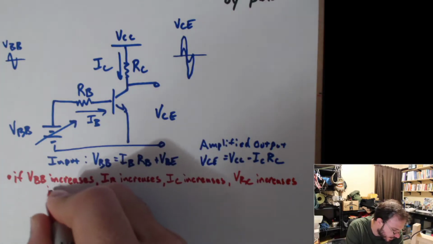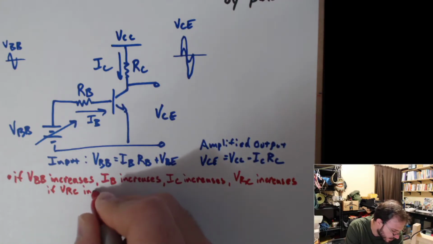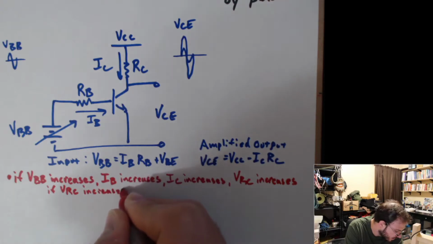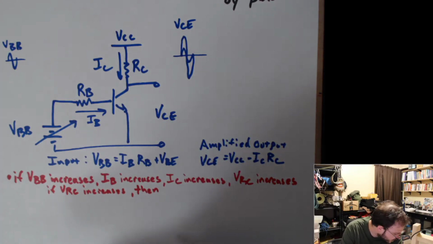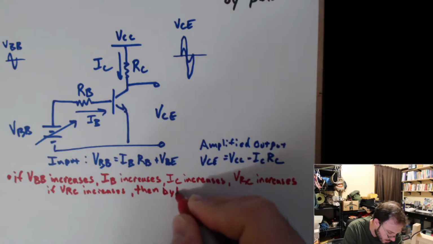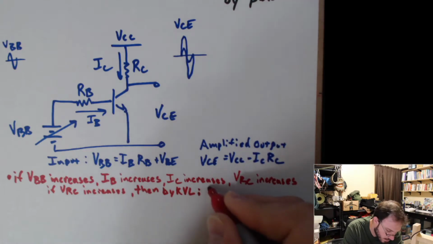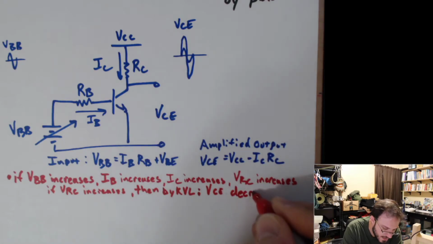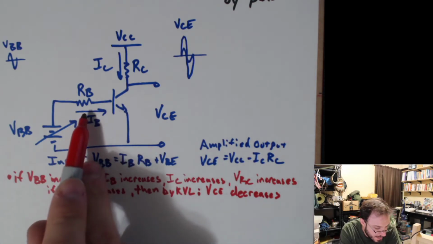Okay, if VRC increases, then what happens to VCE? VCE decreases, right? So as VBB increases, the base current increases.